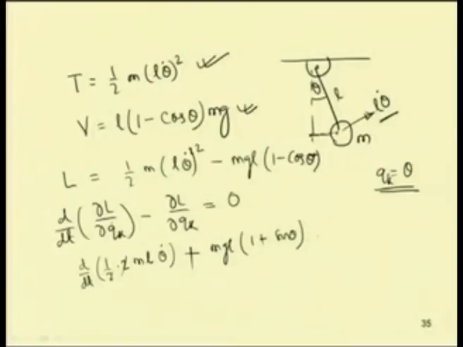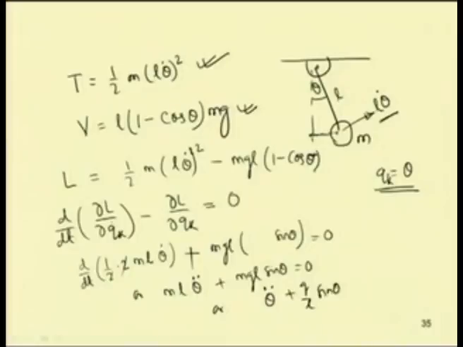The equation becomes m L squared theta double dot plus m g L sin theta equal to 0, since differentiating 1 minus cos theta with respect to theta gives sin theta. So the equation becomes theta double dot plus g by L sin theta equal to 0.